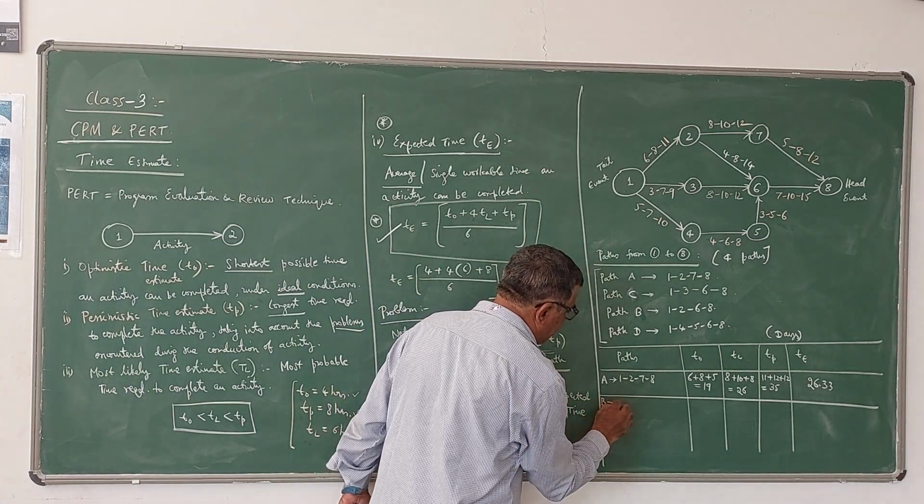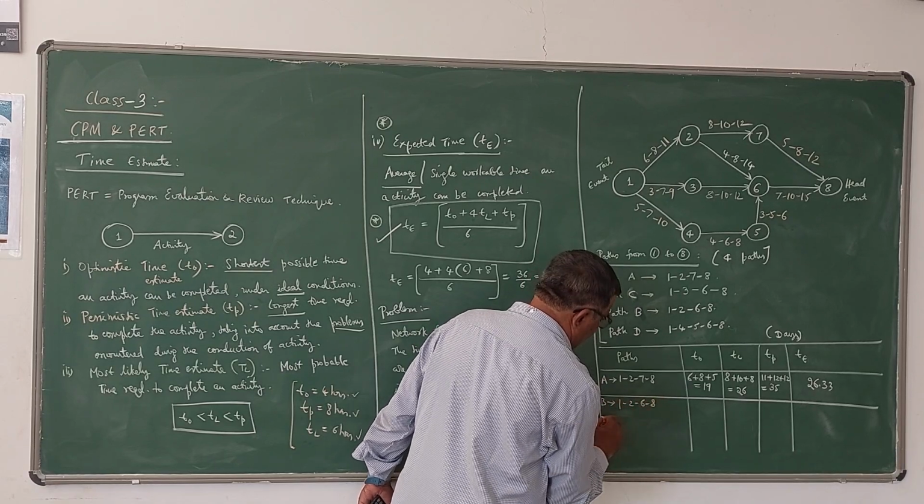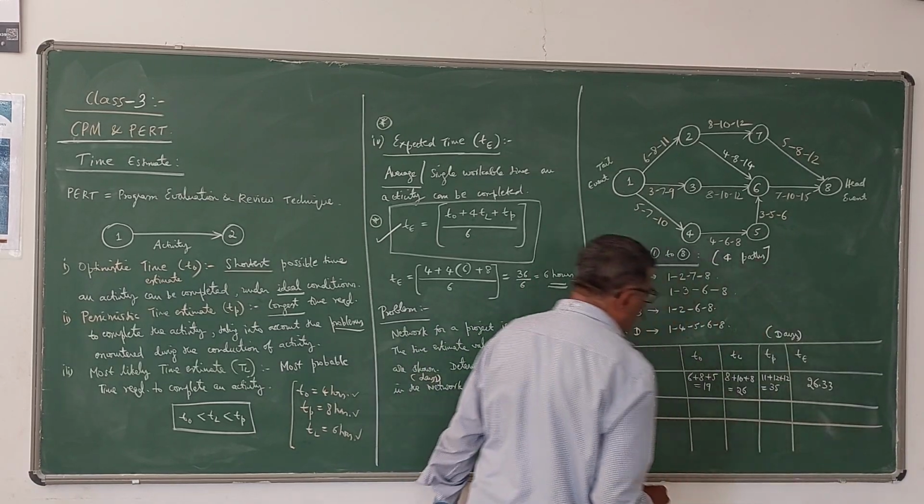Next, path B: 1, 2, 6, 8. On the same single line, we have to compute now.